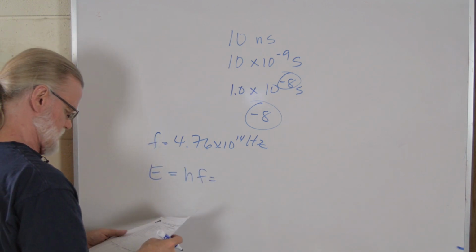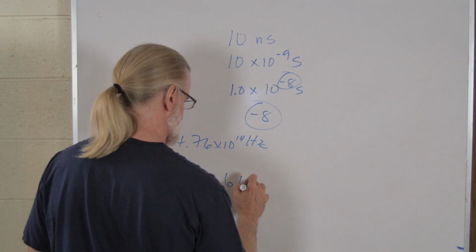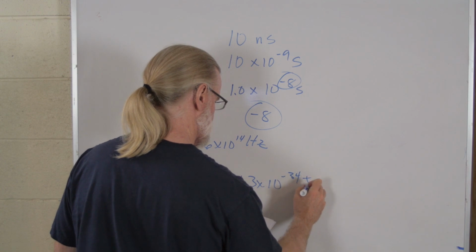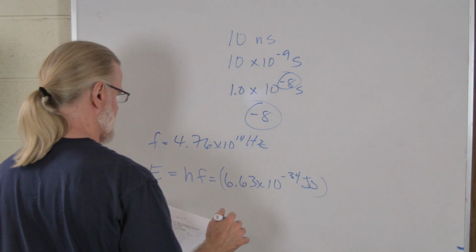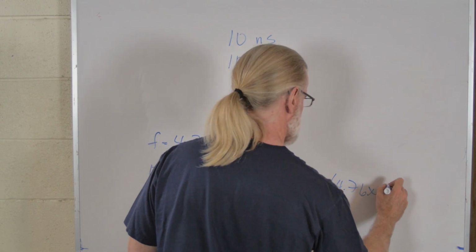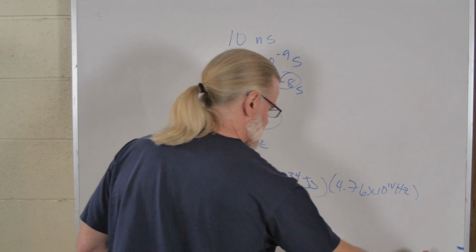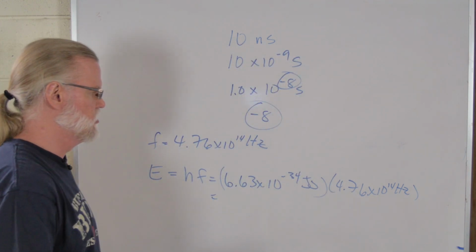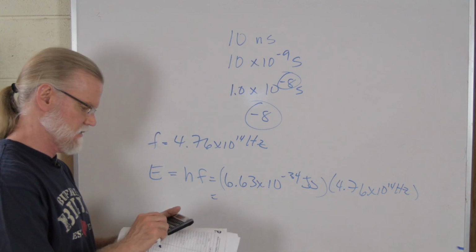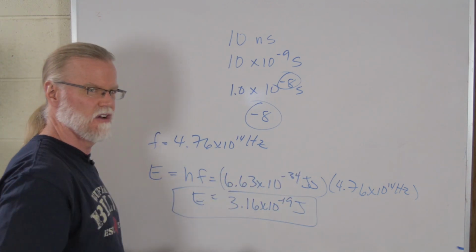Planck's constant is, let's look that up, I don't remember it, 6.63 times 10 to the -34 joule seconds, times the frequency, which is 4.76 times 10 to the 14 hertz. We will get joules because this is joule seconds and hertz is per second. All right. Equation, substitution, units, answers to units.